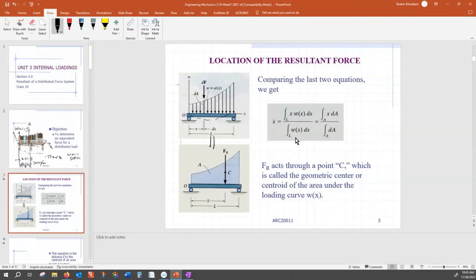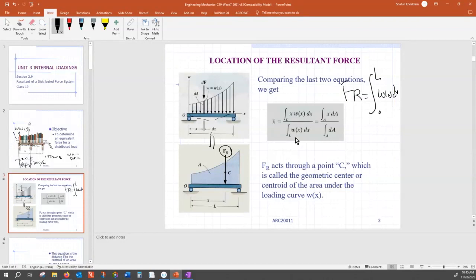Second, I've been given a W of x, a function of distributed load as a function of x. How do I find the resultant load? The resultant load is the integral of that function over this interval. So in other words, R is the integral of W of x dx between 0 to L, whatever the length is. All right? So that is F_R. This is the resultant.